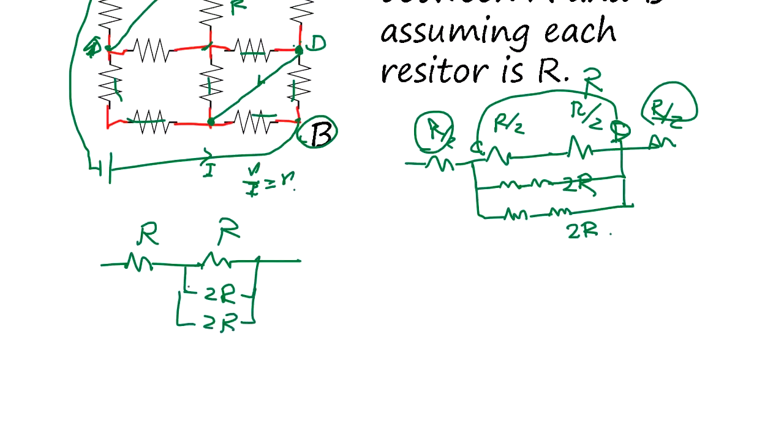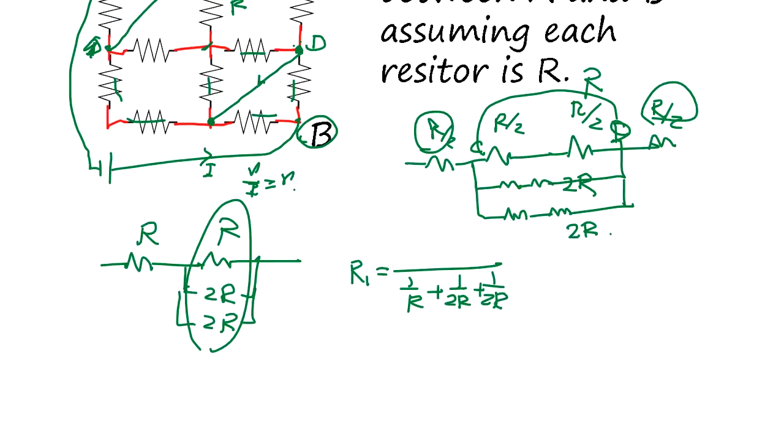Right? Okay, so this parallel is going to be R1 equals 1 over R plus 1 over 2R plus 1 over 2R. Multiply by 2R, it's going to be 2 plus 1 plus 1, equals half.